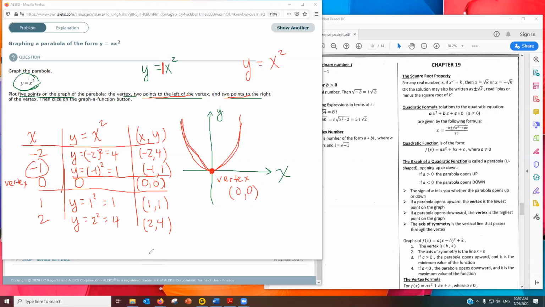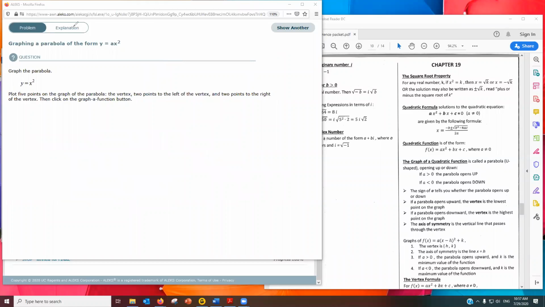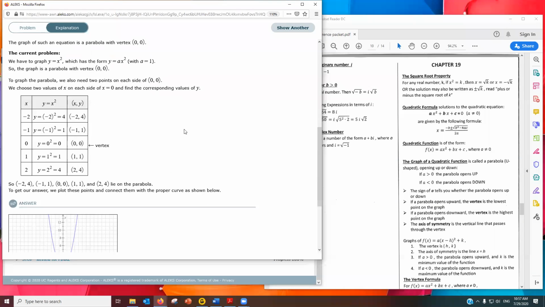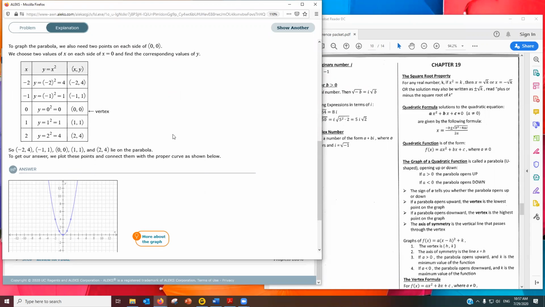So now I'm going to go on the ALEX graph and graph these points. Let me go to the explanation. I'll show you a graph where this is already plotted. Okay, so notice here the vertex is shown as 0, 0. Then they pick 2 x values to the left, 2 x values to the right.